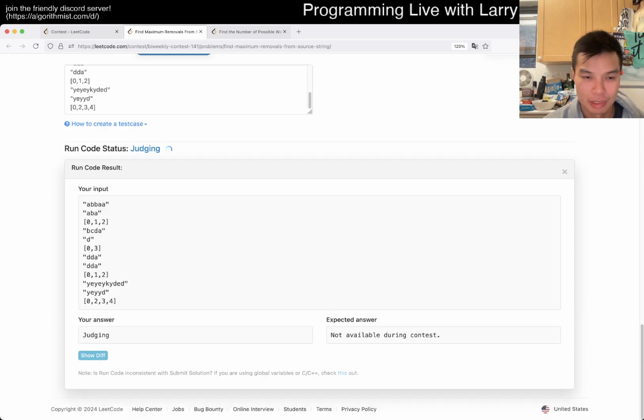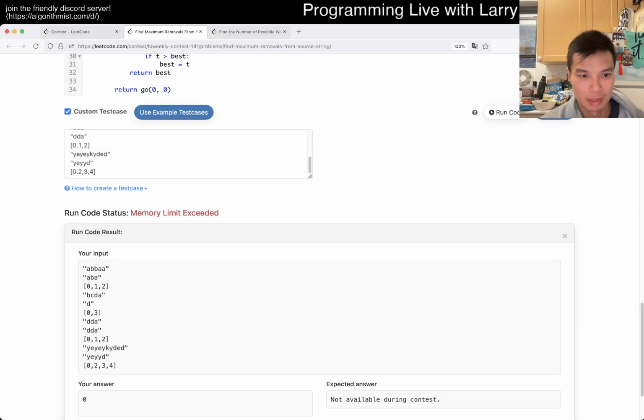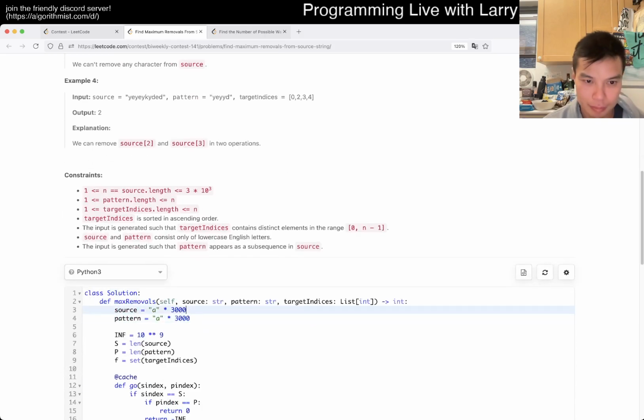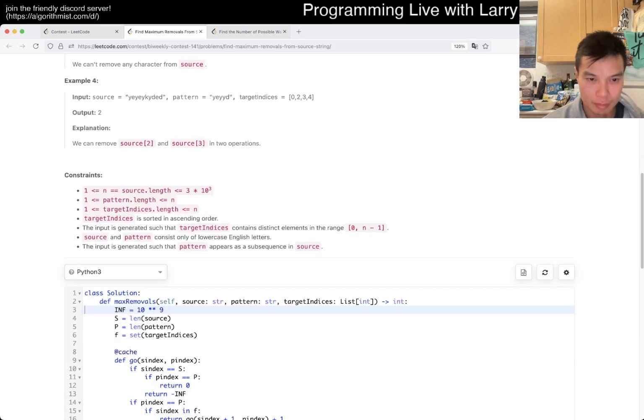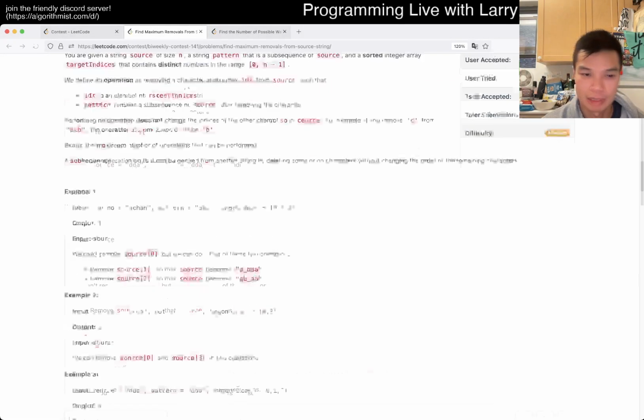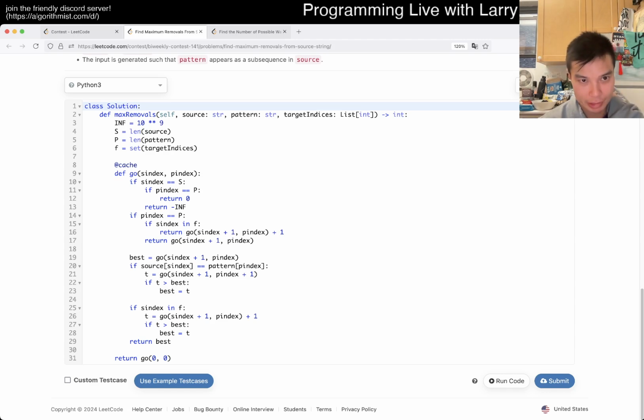It feels slow. And we only have memory limit exceeded, which is not great. Okay, fine. But now this is straightforward. How many people got it? 80 people got it. I'm not surprised. So I have to rewrite this.